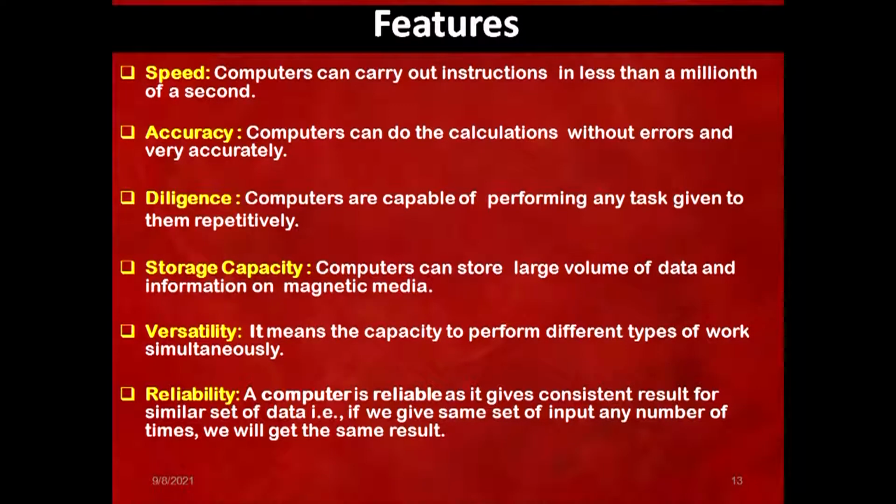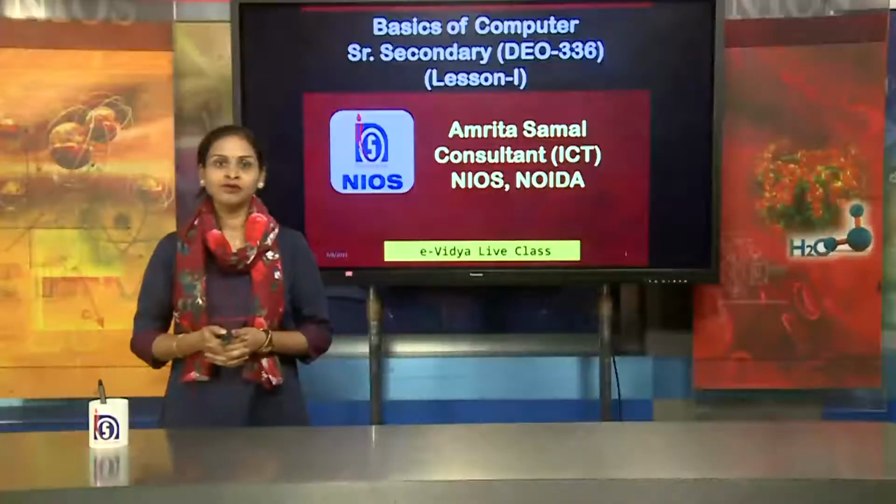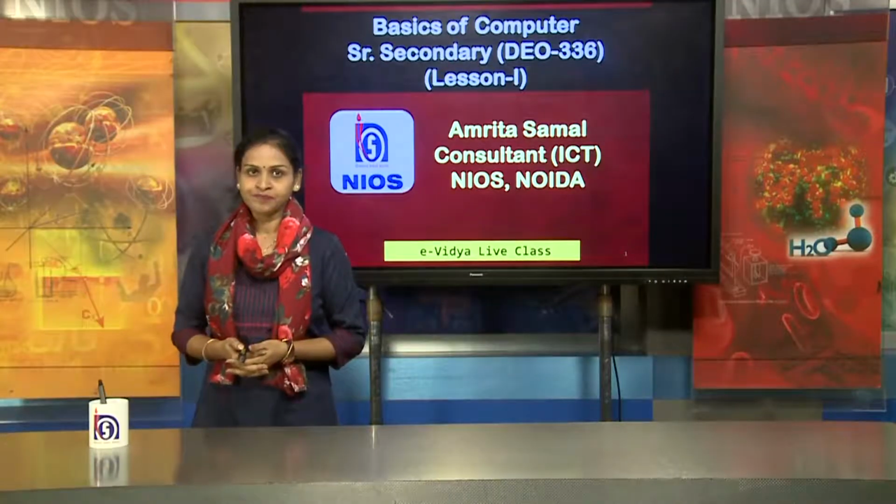Then the next feature is diligence. What is diligence? As human beings, if we do a task repeatedly, we get bored, but computers are capable of performing any kind of task given to them repeatedly.